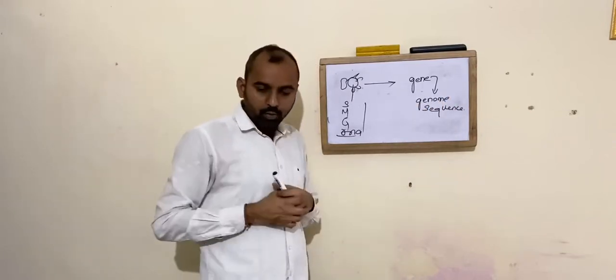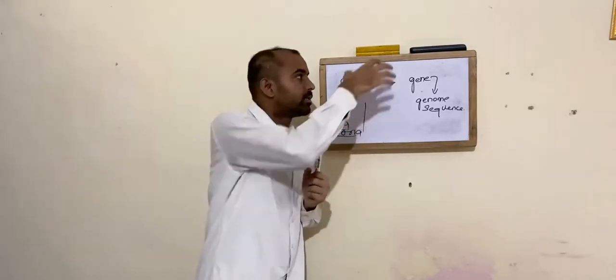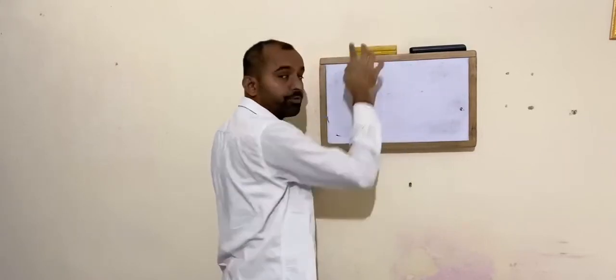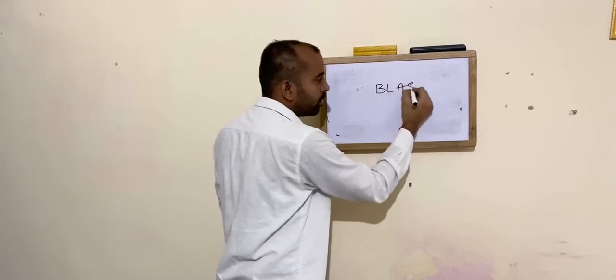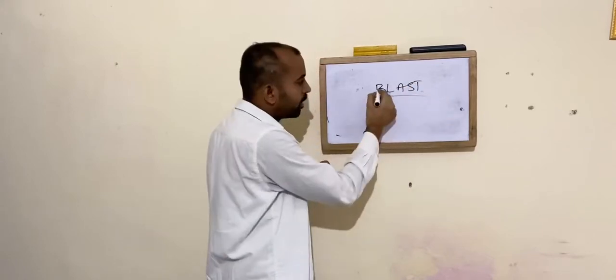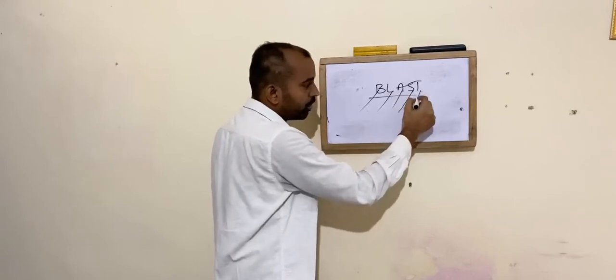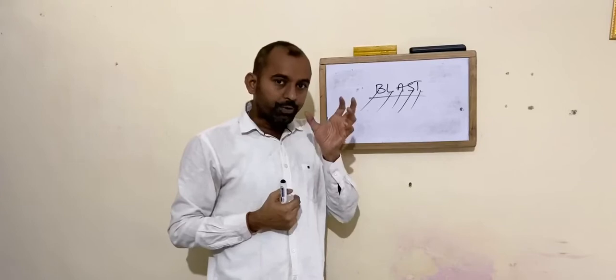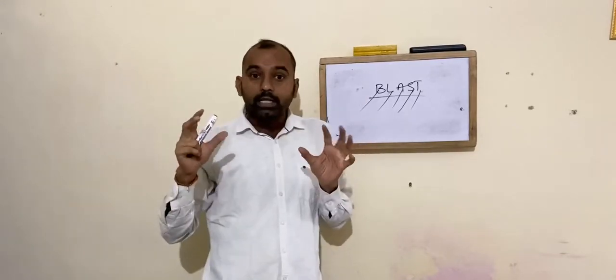Now what you will do is perform a study called BLAST. What is BLAST? These are the fundamental information you need to know. BLAST is basic local alignment search tool. That is called homology. You have a gene, and you translate the gene to protein theoretically.